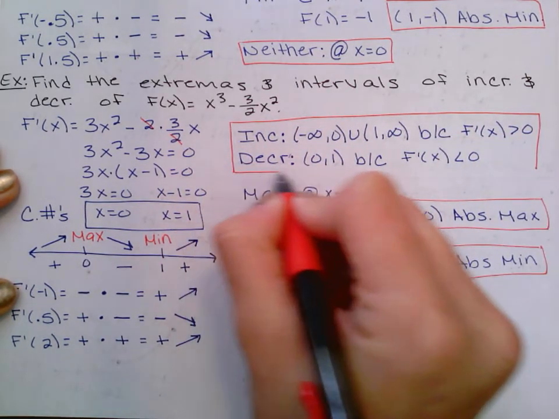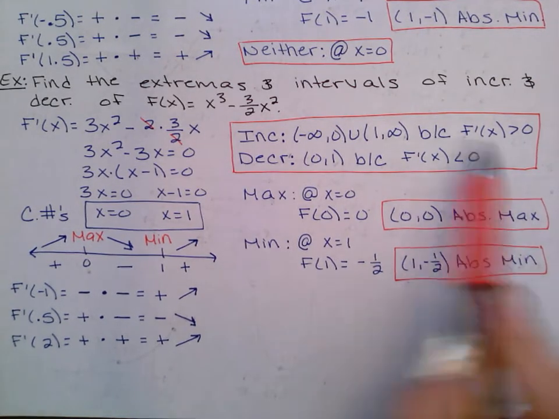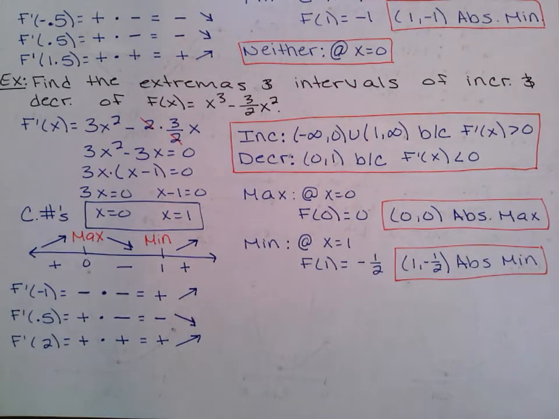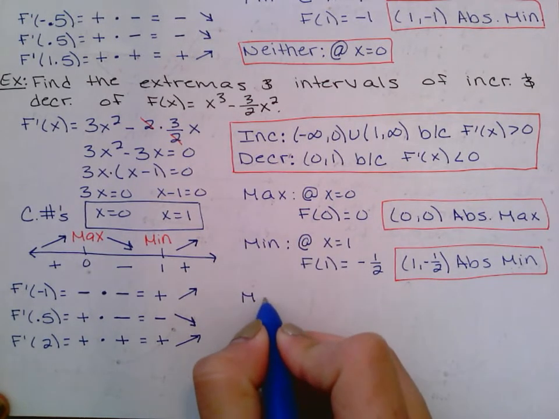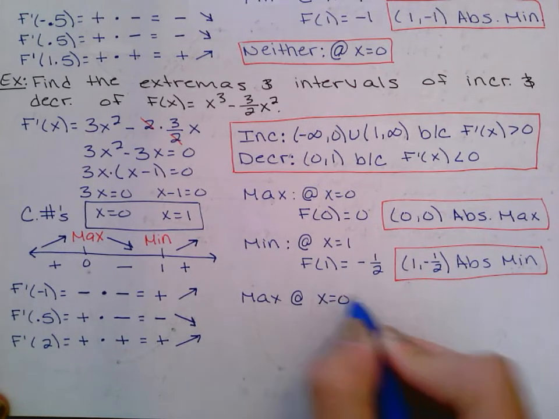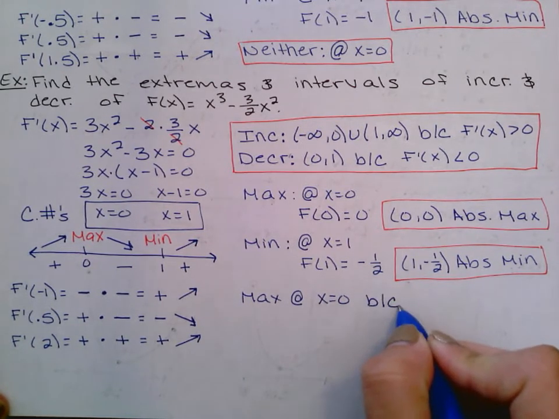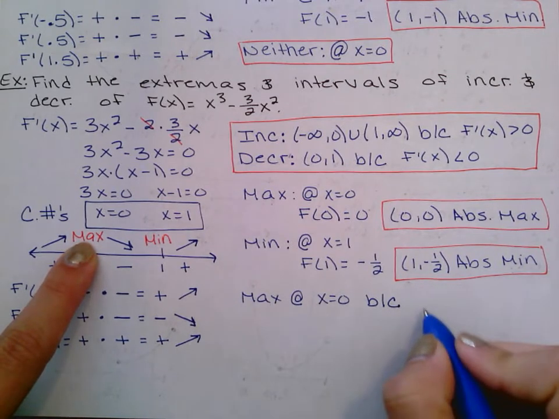And I do that, guys, because that is one of the most popular questions on the AP, is to explain the why you found those increase and decrease. Okay? If you wanted to prove a max or a min, you would say that there was a max at x equals 0 because you always have to use the f prime.